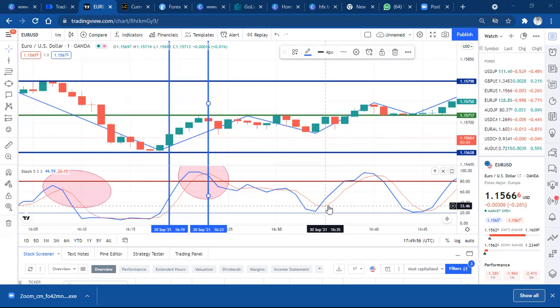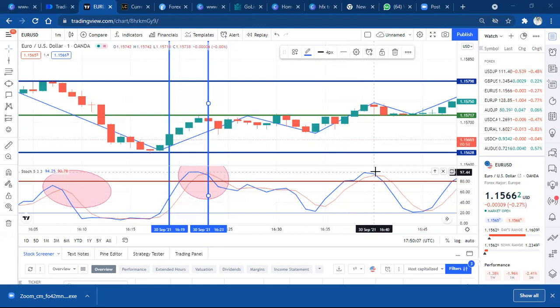So when you see it go up above your 80% line and the momentum slows down, you know that yes, it has gone overboard, it has lost energy, and definitely it's about to go down. At what point will it go down?